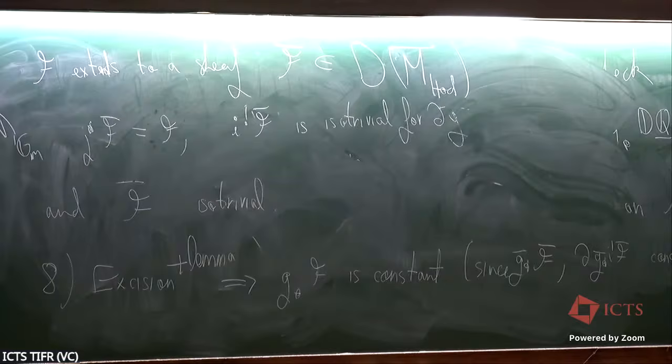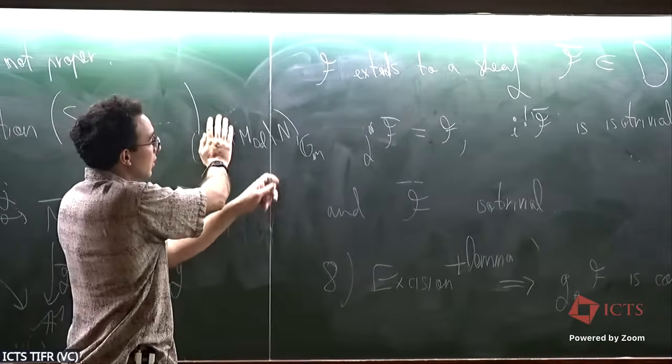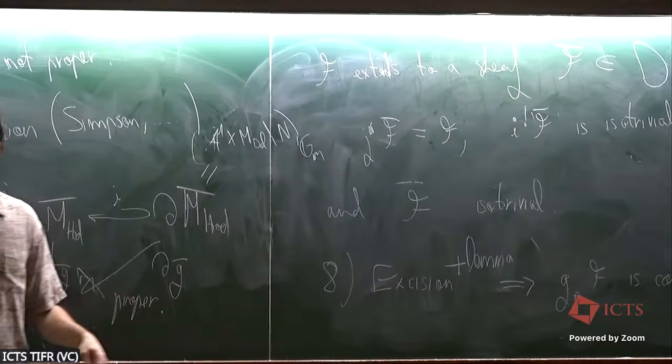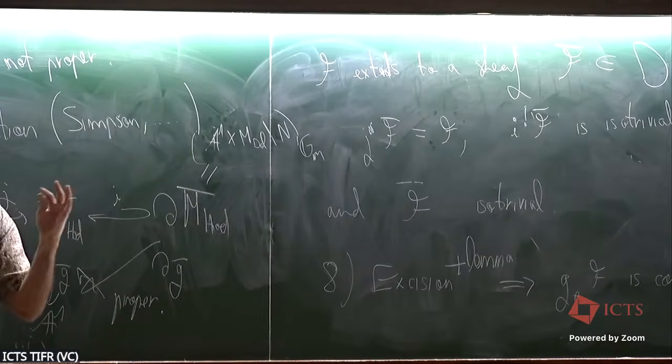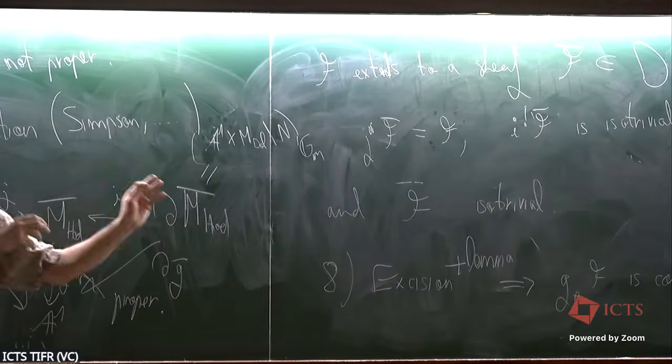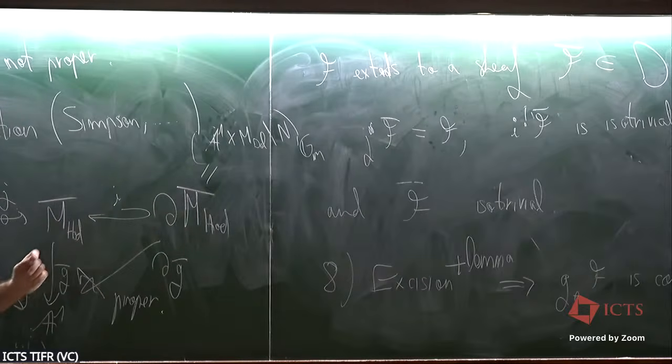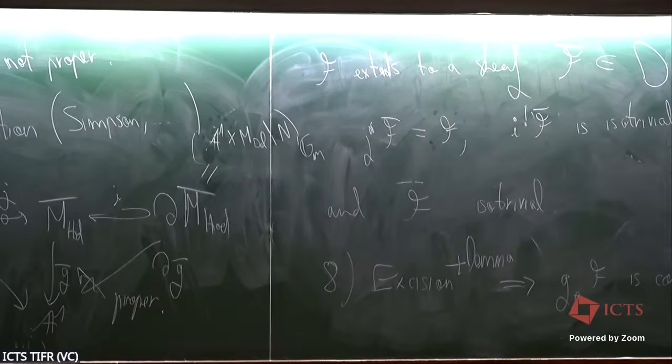So you can think that over its fiber, every fiber is going to have the same boundary. That is Dolbeault minus nilpotent cone modulo Gm. So the boundaries are all the same for every fiber.